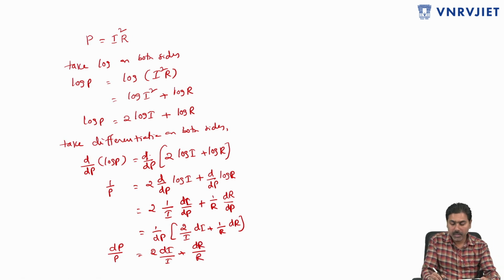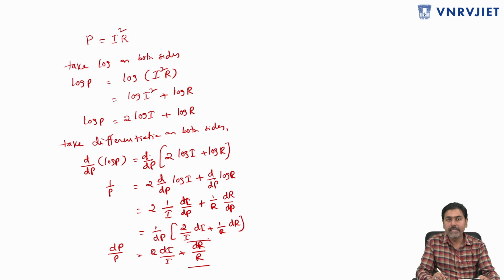Here delta R by R is the relative limiting error of the resistance, and di by I is the relative limiting error of current.